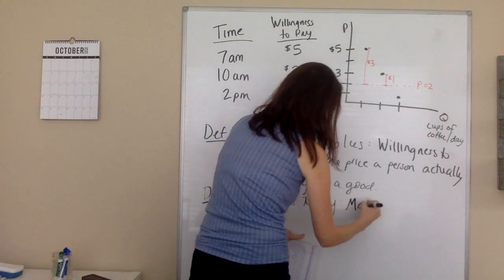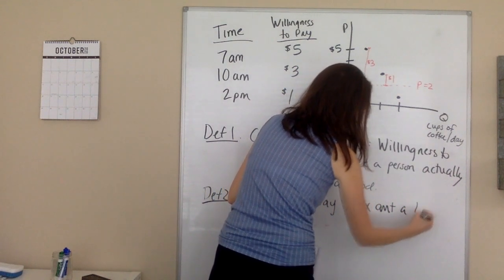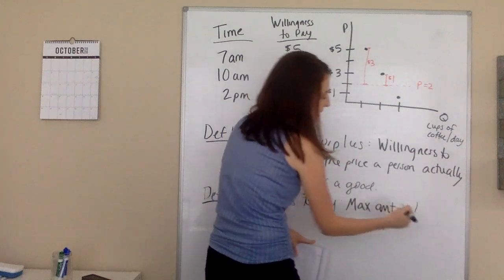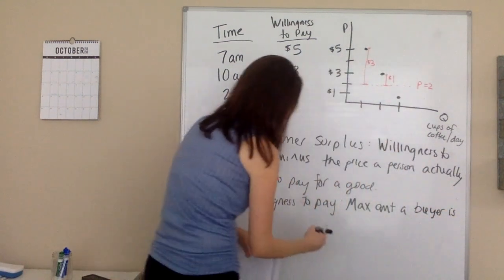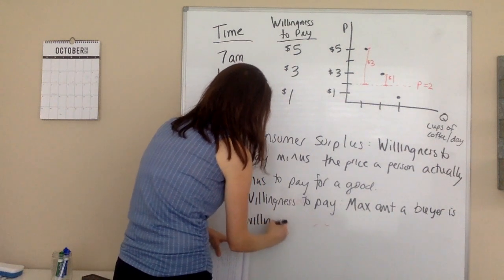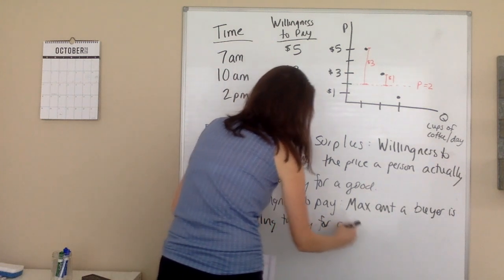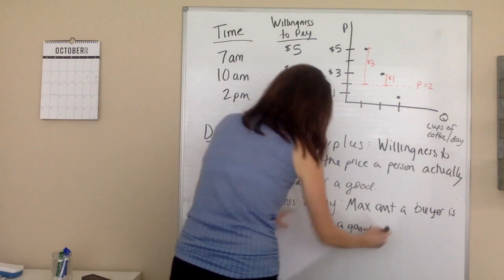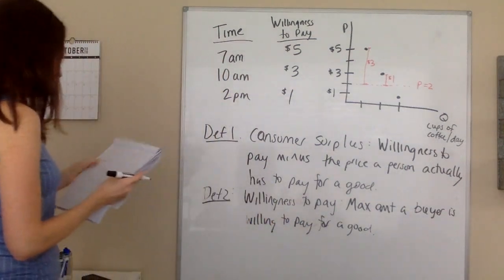So max amount or price a buyer is willing to pay for a good. Okay, so these are our two definitions.